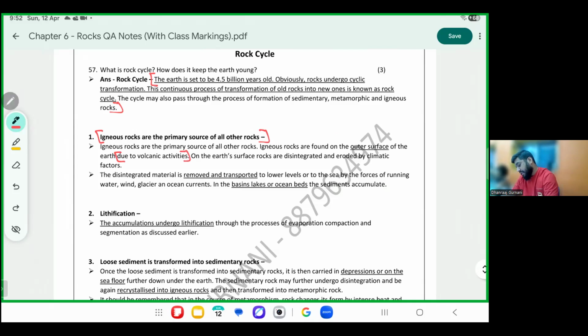Once the igneous rock is formed, the rock breaks down, and the disintegrated rock is moved and transported to different levels by sea, water, wind, ocean currents, from basins, lakes, and breaks these sediments down. Please write sedimentary rock for reference.